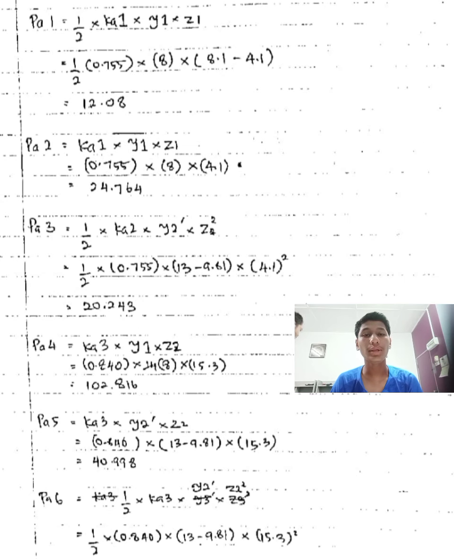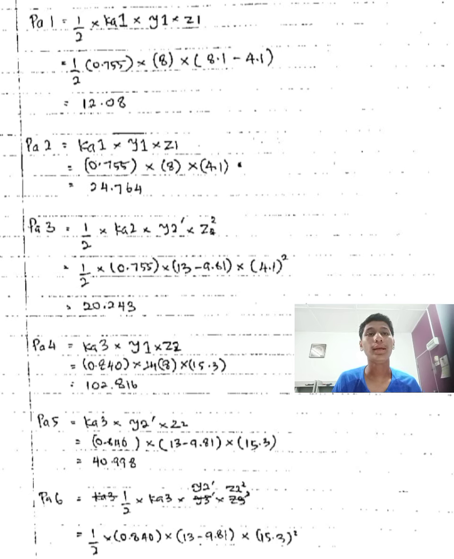Okay, now we are going to calculate total PA. To get total of PA from UD1 and UD2, we have separate to each section, which is PA1, PA2, PA3, PA4, PA5, PA6, PAW, and PAX.